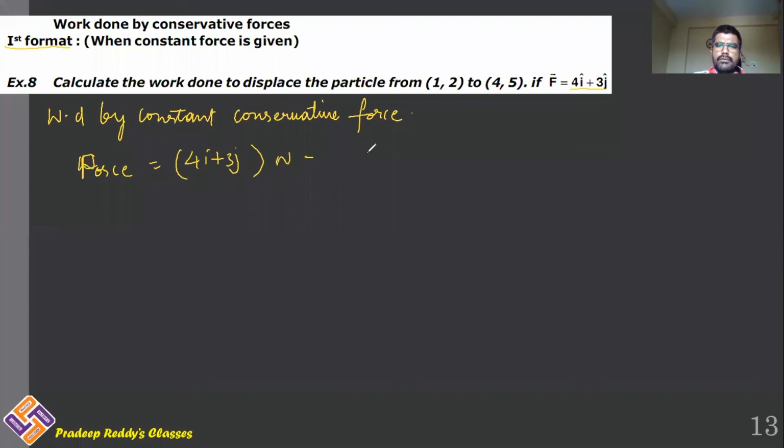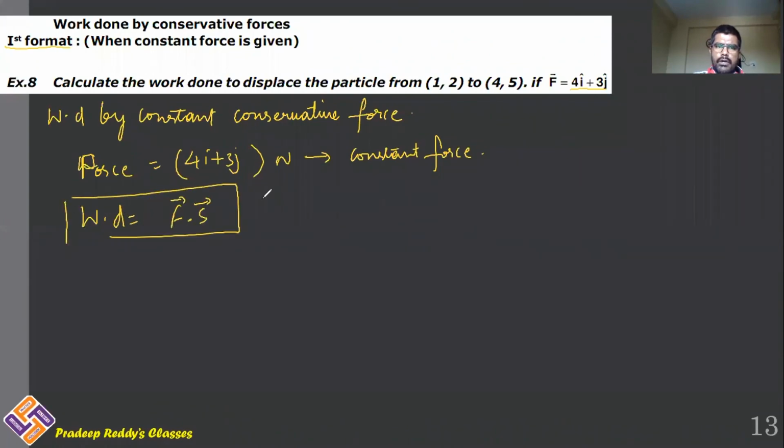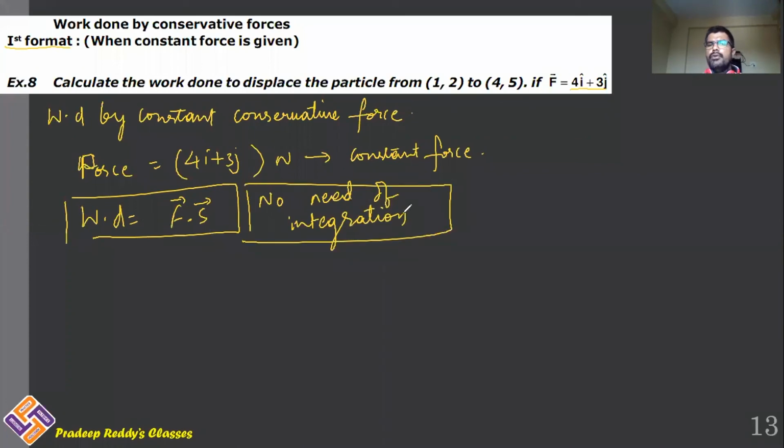This is a constant force. Remember, if a constant force is doing work, you can directly use the formula work done W is equal to F dot S. No need of integration, because the force is constant.